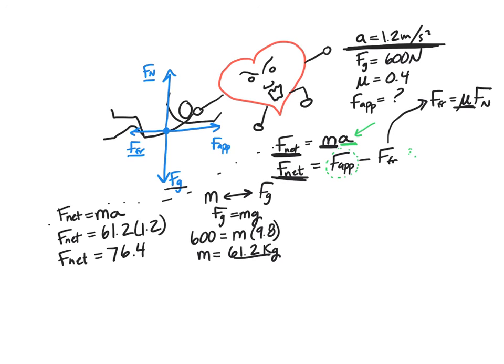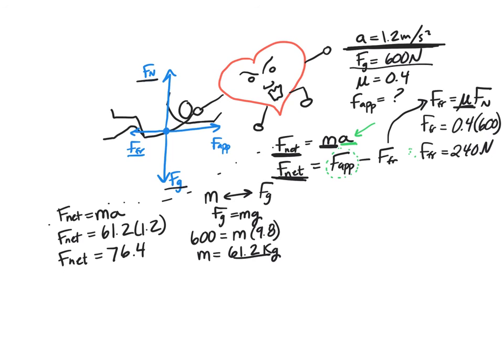Force of gravity and normal force are equal and opposite on flat, boring, non-accelerating surfaces. So we know our force of gravity was 600. That's our normal force too. So force of friction is equal to mu, which is 0.4, and our normal force is 600. So our force of friction is 240.